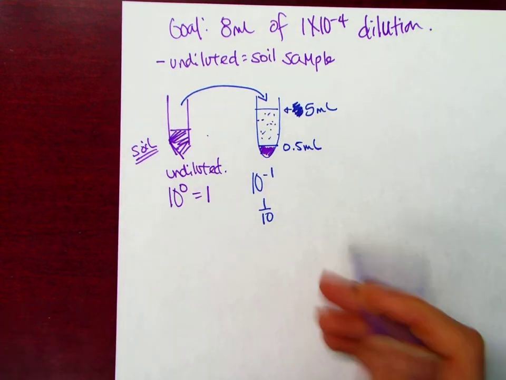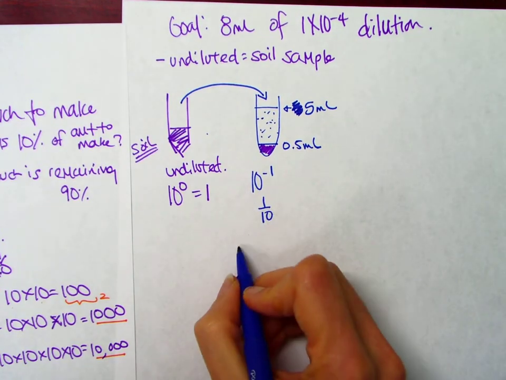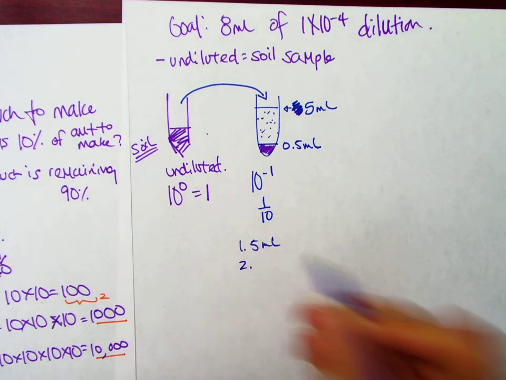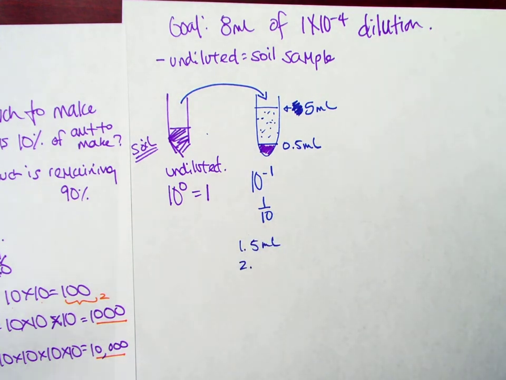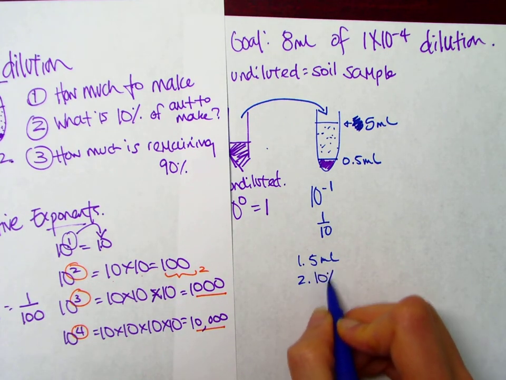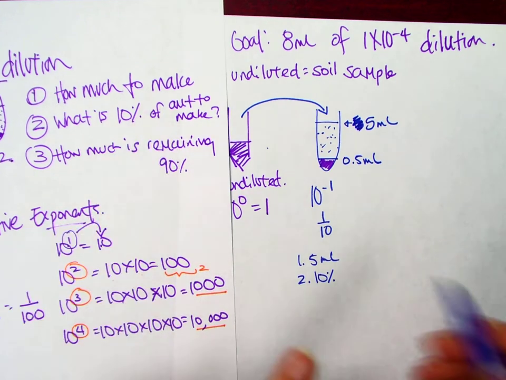Okay, so from over here, our first step is how much to make. So we're making 5 mils. Because every time we're doing 1/10th dilutions, our second step is what is 1/10th, or 10% of the amount that we're making. 10%, if you are familiar with algebra, of is always times.